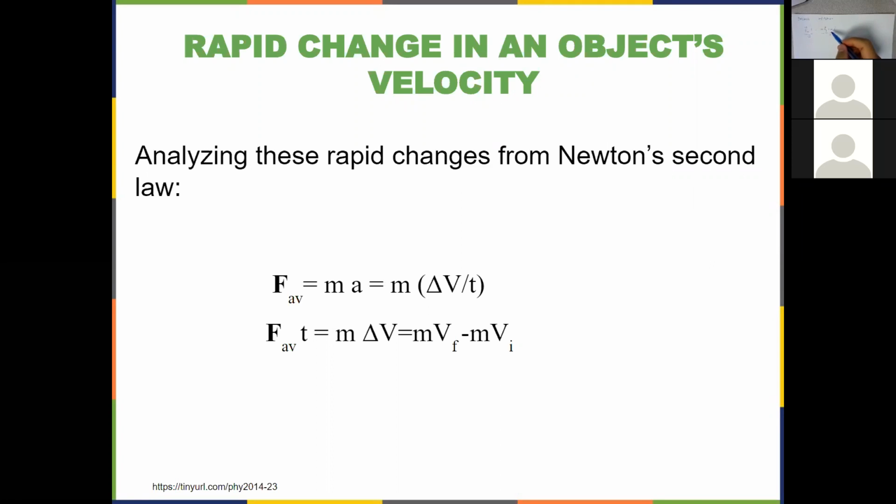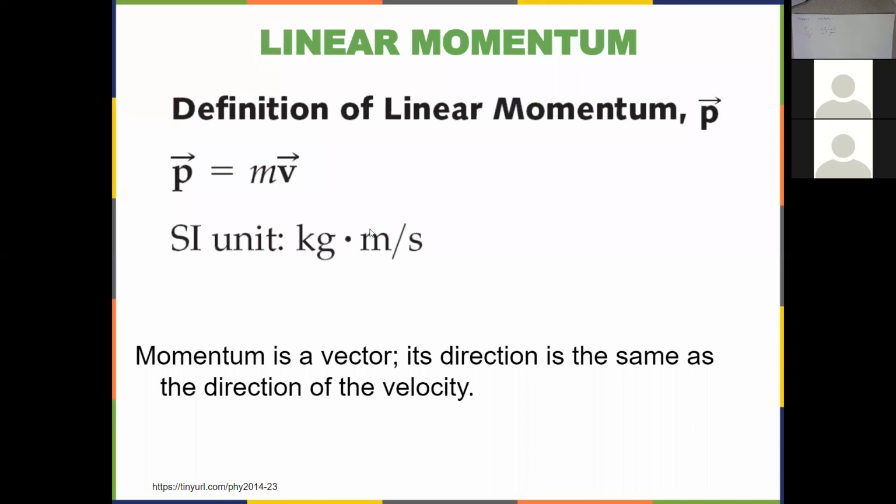On this side, you can see that you have a quantity minus another quantity, in the same form: mass times velocity. This is mass times final velocity, and this is mass times initial velocity. The definition of linear momentum refers to mass times the velocity. As the PowerPoint slide shows, for linear momentum we use the symbol p equals m times v.